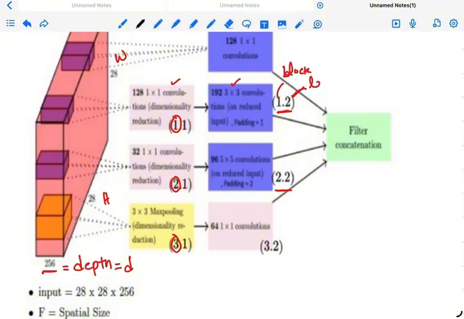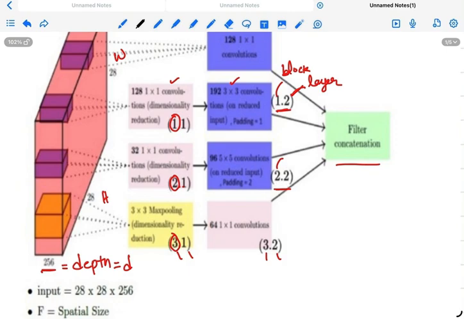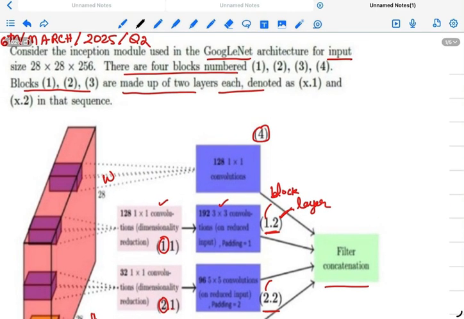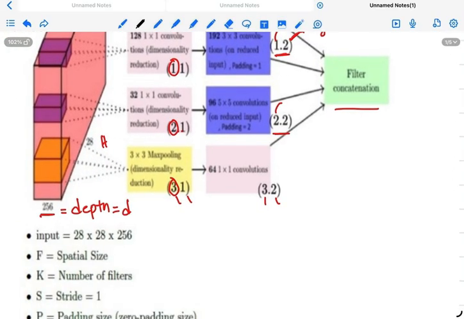This is block 1, layer 2. This is block 2, layer 2. This is block 3, layer 1. Block 3, layer 2. Filter concatenation is the final stage, denoted as x.1 and x.2 in the sequence.